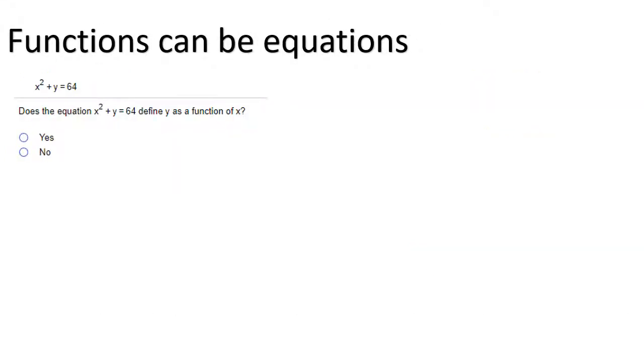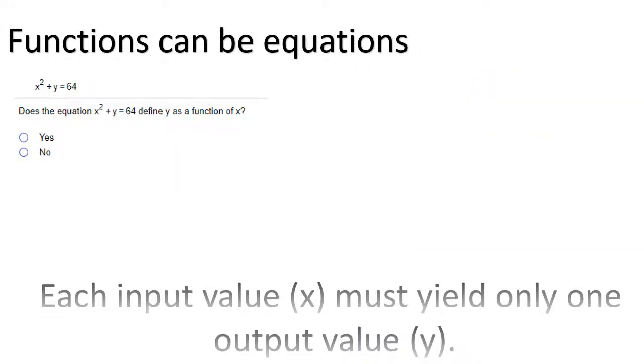Functions can also be equations. Just make sure that each input value, or the x in the equation, must yield one and only one output value. So let's try it. Think of a number. Let's maybe let x equal to -1. And let's just plug that -1 into the x value and solve it.